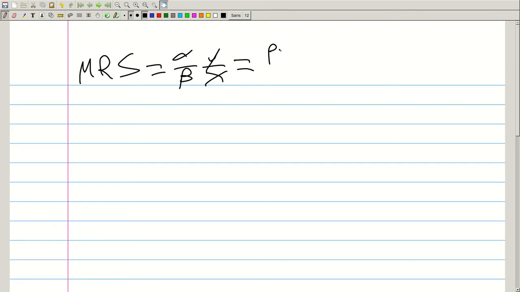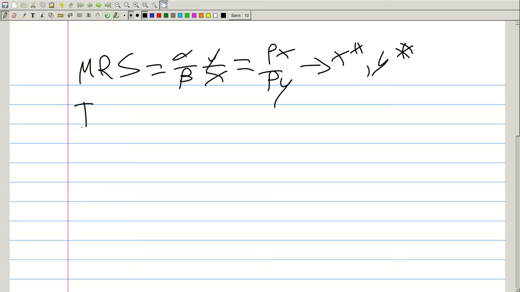And so what we should have is that px over py, and then this is going to allow us to solve for optimal x and optimal y, in addition to our budget constraints.